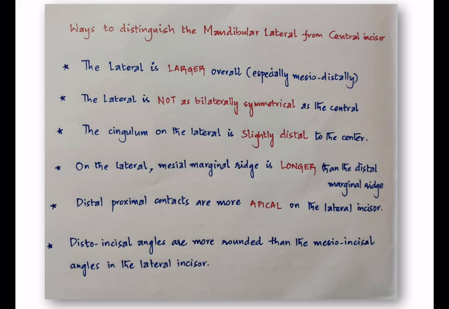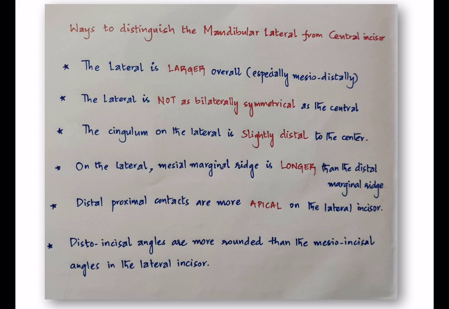The distal proximal contact is more apical on the lateral incisor, whereas the contacts are at the same level on both sides, mesial and distal, on the mandibular central. And last but not least, the disto-incisal line angle is more rounded than the mesio-incisal line angle in the lateral incisor, whereas in the mandibular central, both incisal line angles are sharp.